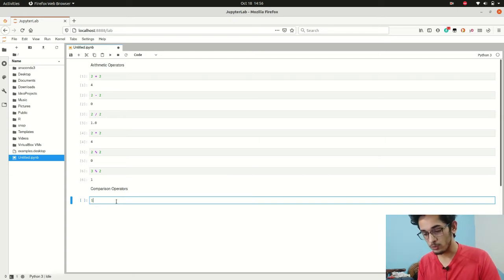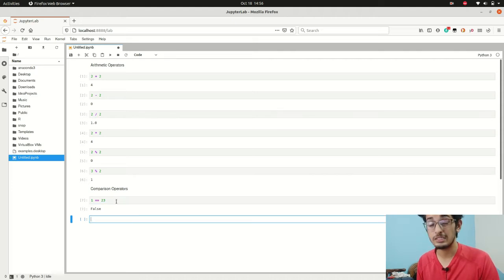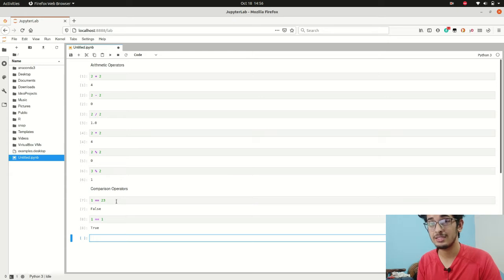Let's do 1 double equals. Remember, if you use a single equals, you're assigning a value to something. If you use double equals, that gives us the equality of the things that we are using here. So 1 is equal to 23? No, it's false. If 1 is equal to 1, yes, it's true. So let's say 2 is not equal to 3.